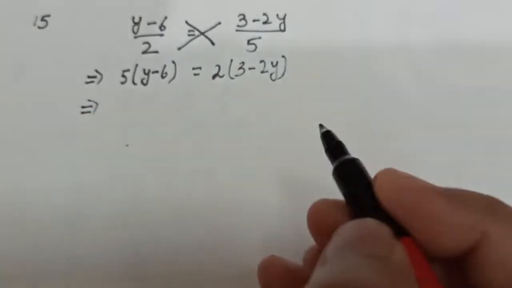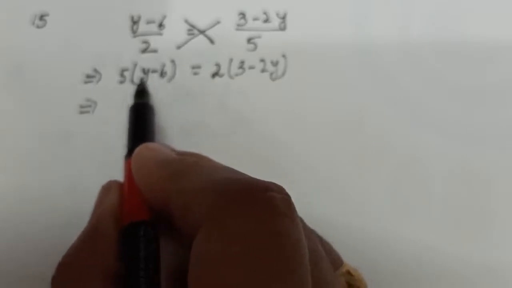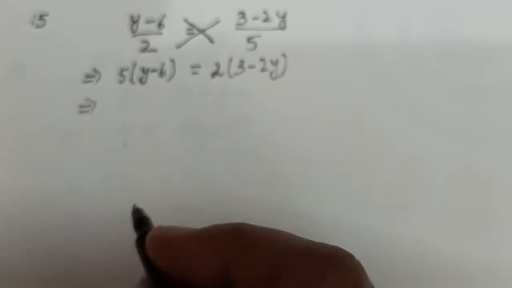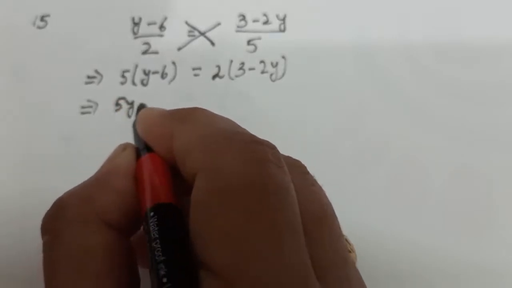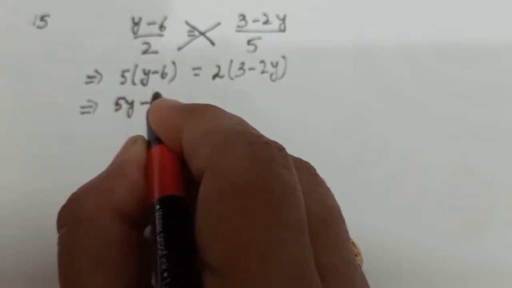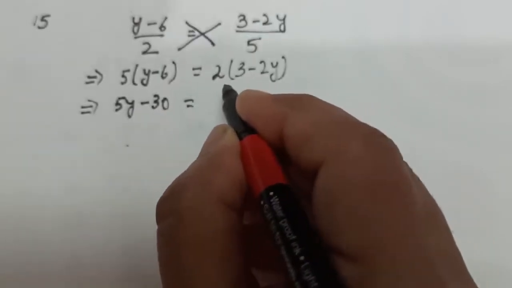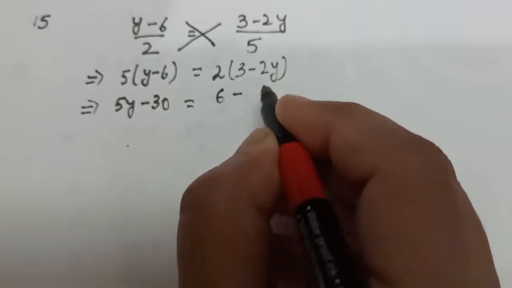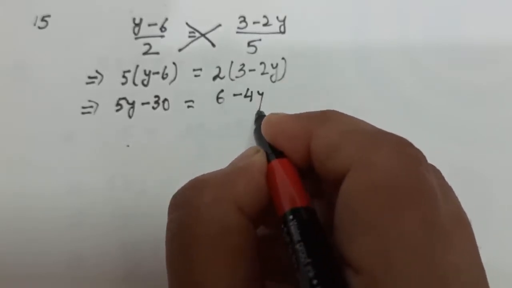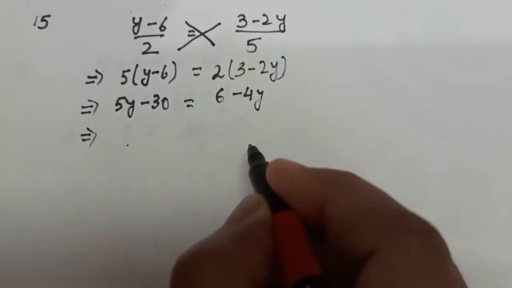Now we have to open the bracket, and when we open the bracket, 5 will multiply with both the terms in the bracket. So it will become 5 into y, 5y, minus 5 into 6 is 30. In the same way here, 2 into 3 is 6, minus 2 into minus 2y is minus 4y. In this step now we will collect like terms on one side.